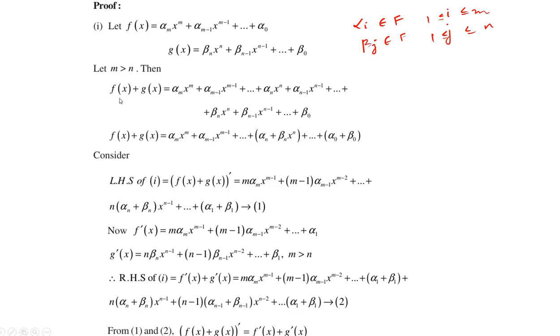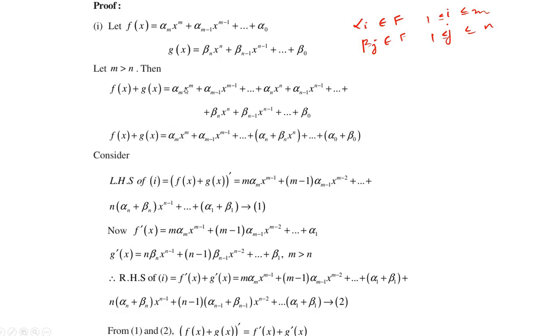So when we add these two, f of x plus g of x, this is what we get, as m is greater than n. We have just written what those two polynomials are, and because m is greater than n, here m terms we have written, then n terms, and this one as such, so that we can club the coefficients of like powers.